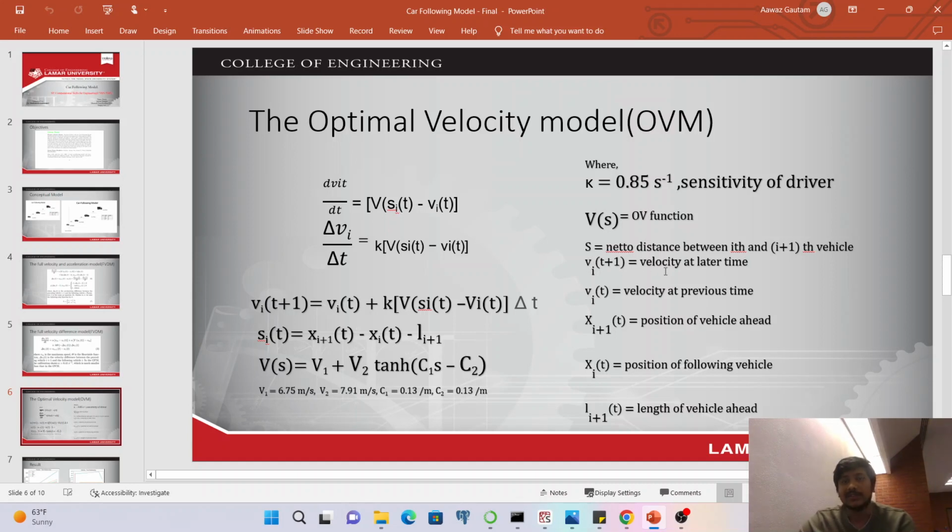V(t+1) is velocity at a later time, V(t) is velocity at the previous time, x is position, and L is the length of the vehicle. We use this Vs in the optimal velocity model function, and V1, V2, C1, C2 are all given.